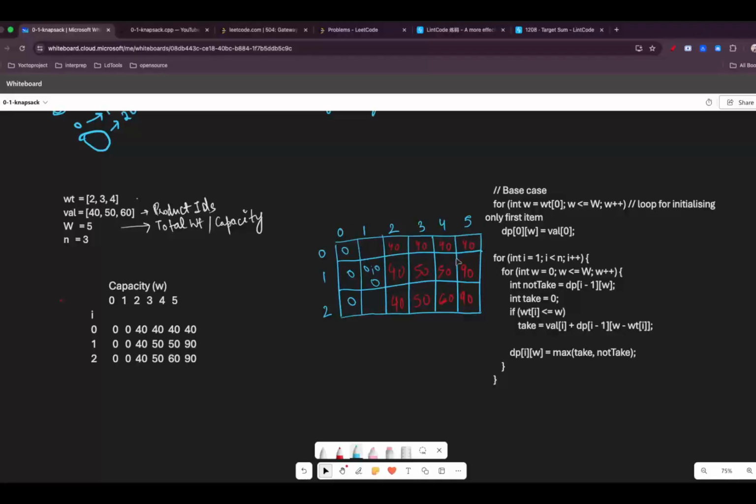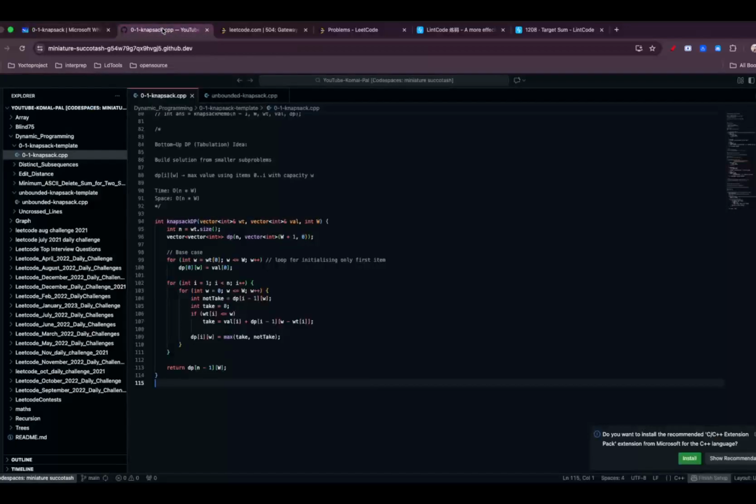So this whole space is N cross W, and it was a 2D array itself, and we are traversing that 2D array. So that's why the time complexity becomes n cross W, and the space complexity, since we are storing into the same, is also n cross W.